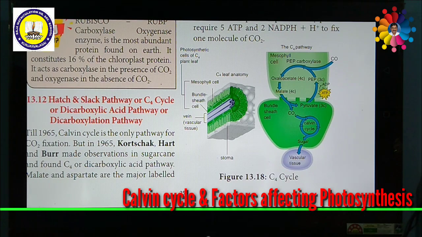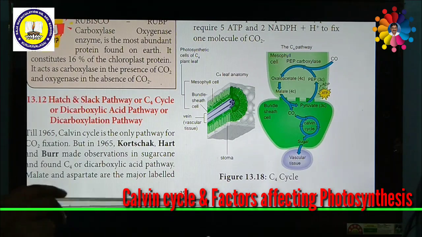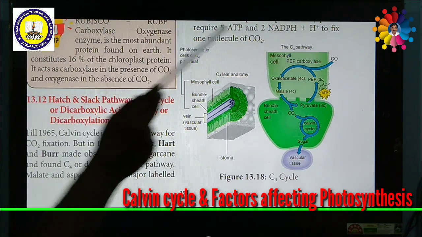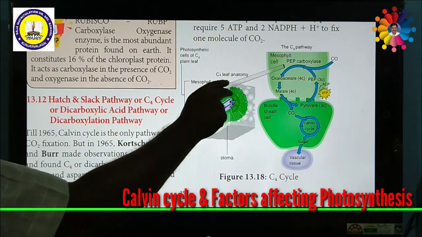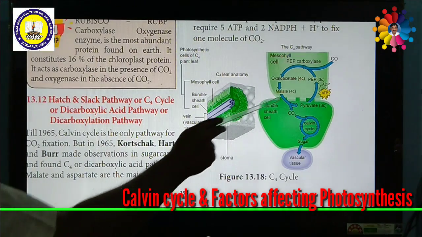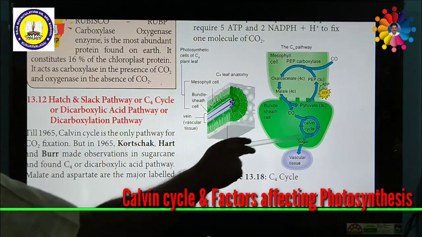Actually, in the C3 cycle, only one type of chloroplast is there. But in the C4 cycle, there are two types of chloroplast. That is called dimorphic chloroplast. That means the chloroplast present in the mesophyll has grana. That is called granal chloroplast. But the chloroplast present in the bundle sheath does not have any grana. That means agranal chloroplast.